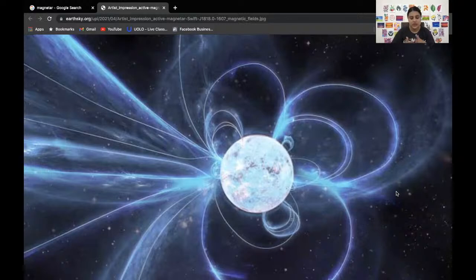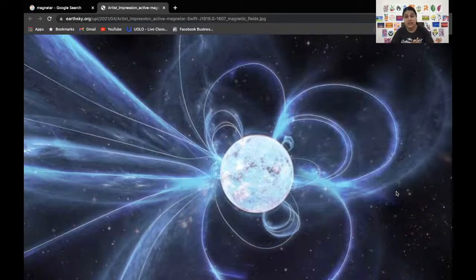They normally say that it is about 1,000 times stronger than any normal neutron star. So if you take the sun, then the sun may be at 1%, but a magnetar star will be at 1,000%. So that's quite a big range of how different it can be.